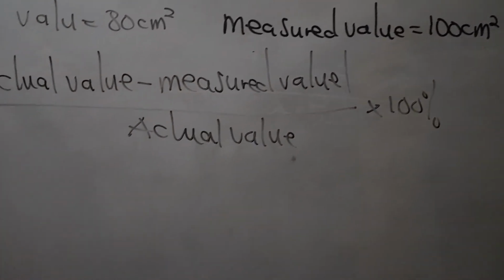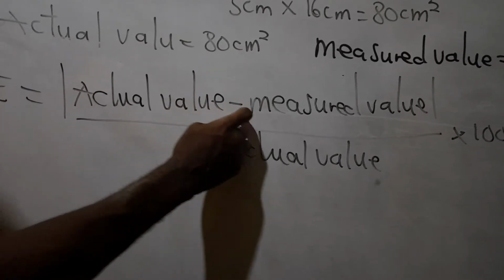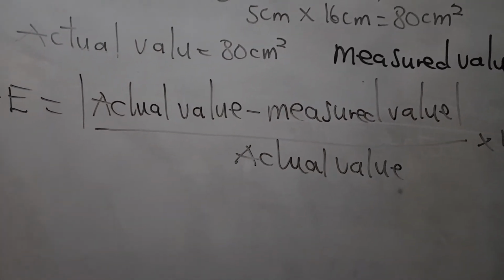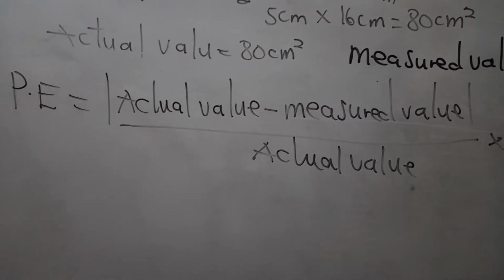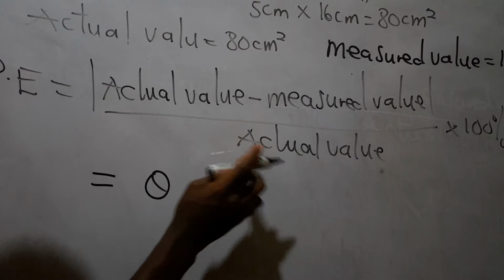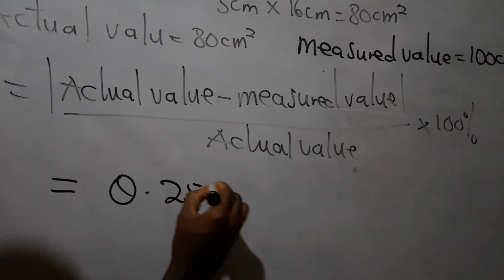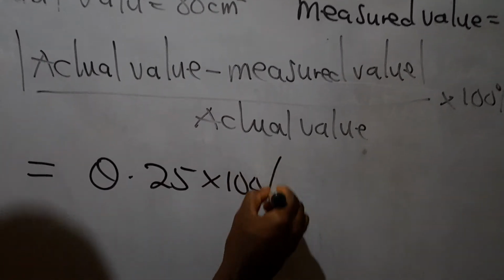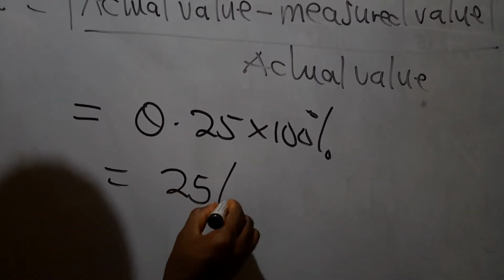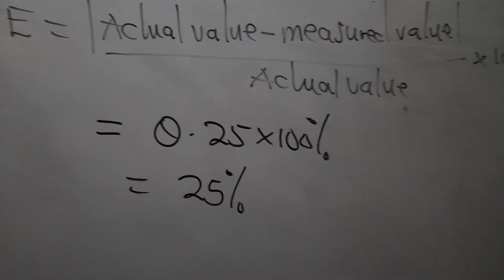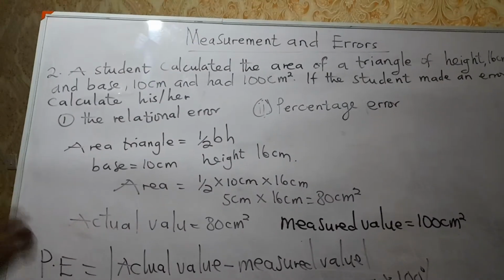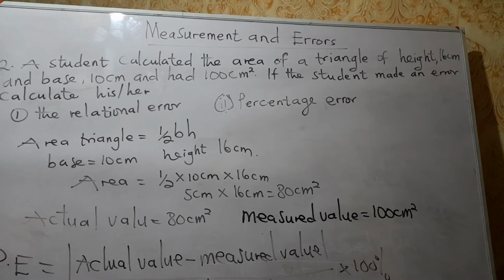And remember, the absolute value of actual value minus the measured value over the actual value is the relational error. And when we computed that, we have 0.25. So you can say that all of this is 0.25 times 100%. And that will be equal to 25%. So we can say the student made 25% error in measuring or computing the area of the triangle.